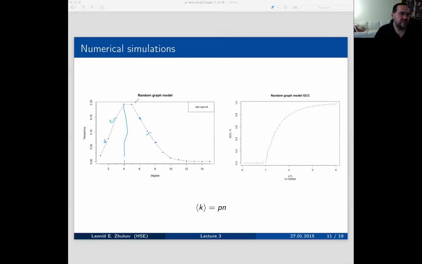But this is a Poisson random graph, so this is a Poisson distribution. This particular graph corresponds to this data point. When k is on average 4, all the nodes belong to a gigantic connected component.